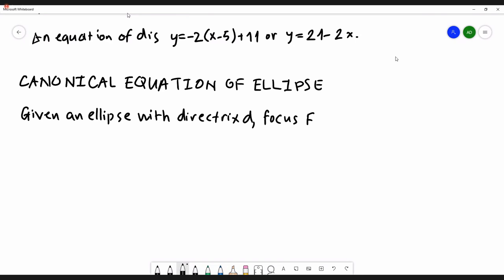But for the ellipse, we need three parameters. Directrix should be given, focus should be given, and as well eccentricity must be given. Otherwise, we cannot talk about a unique ellipse.